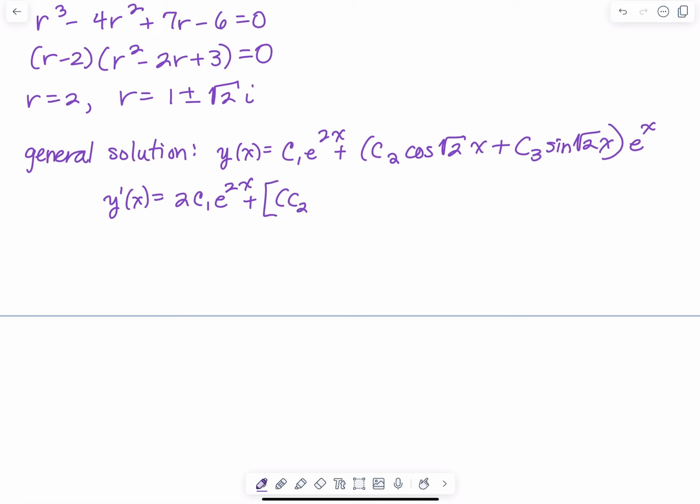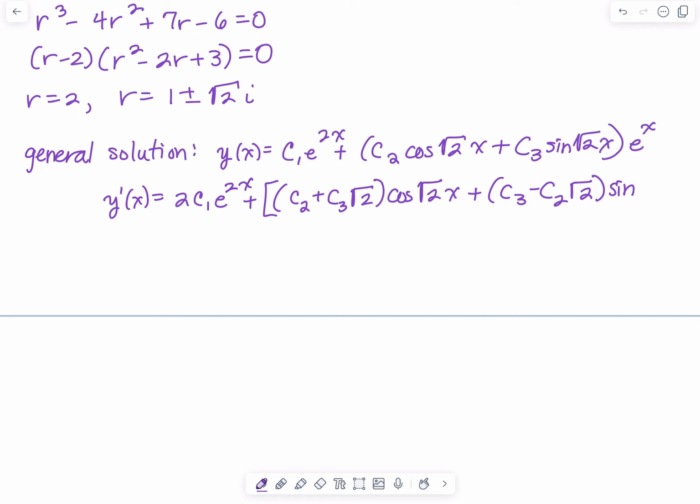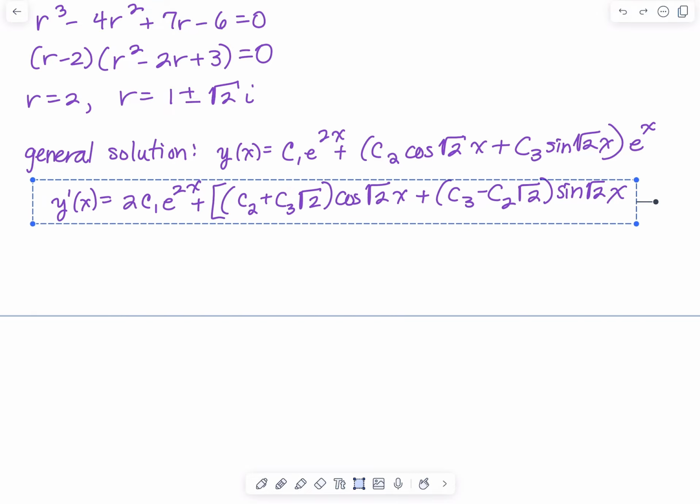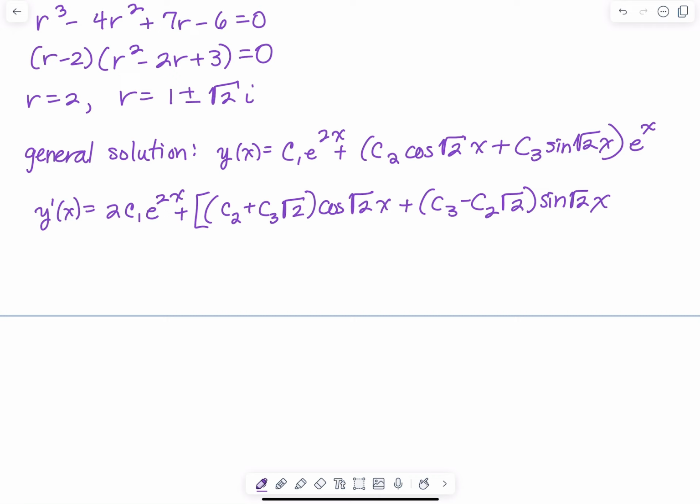So we will have c2, I'm going to have some parentheses, c2 plus c3 root 2 multiplied by the cosine of root 2x plus c3 minus c2 root 2 multiplied by the sine of root 2x, and then we will multiply all of that by e to the x.